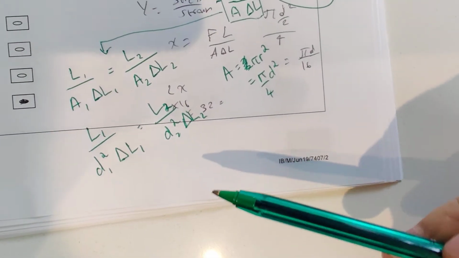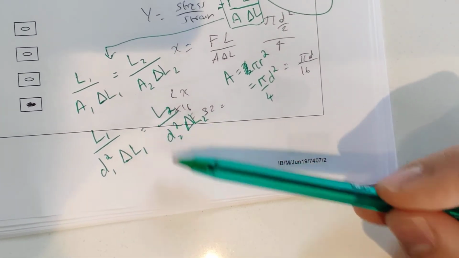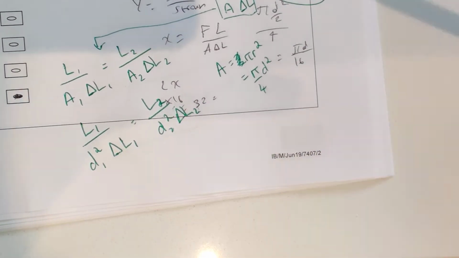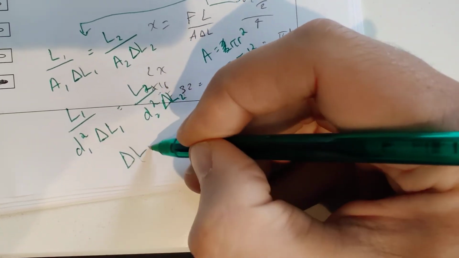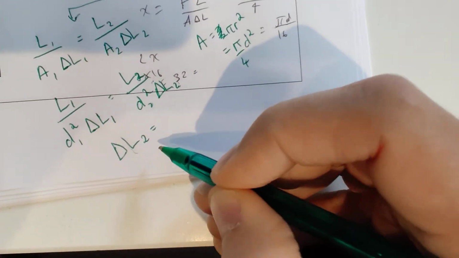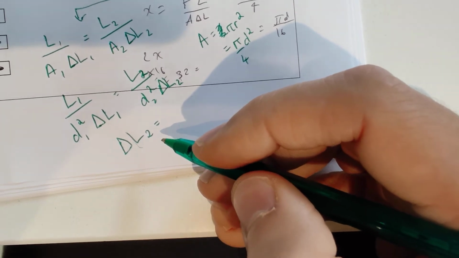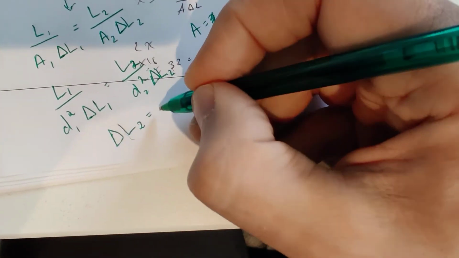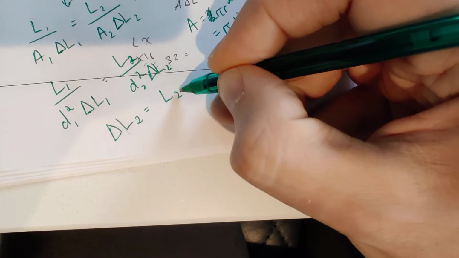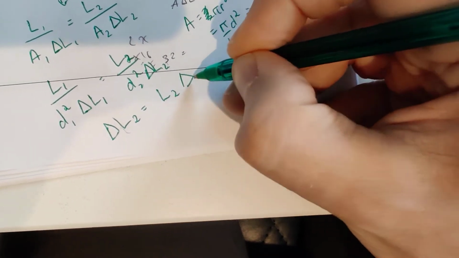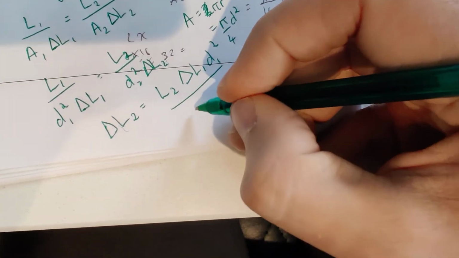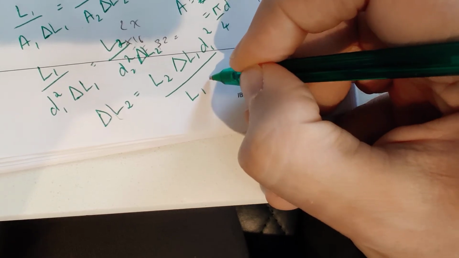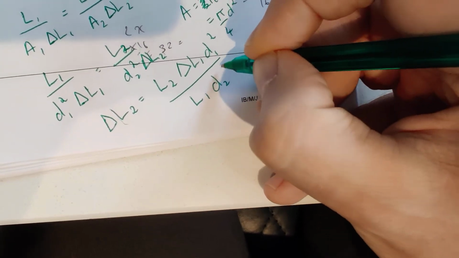So if this is again a little bit messy, now we're asked to consider what's happening to extension number 2. So it might actually be worth rearranging this to give you extension 2 equals, which you should absolutely take a couple of steps over, but comes out as L2, let's see, delta L1's got to be up here, d1 squared's got to be up here, I think we've got L1 down here, and diameter 2 squared.